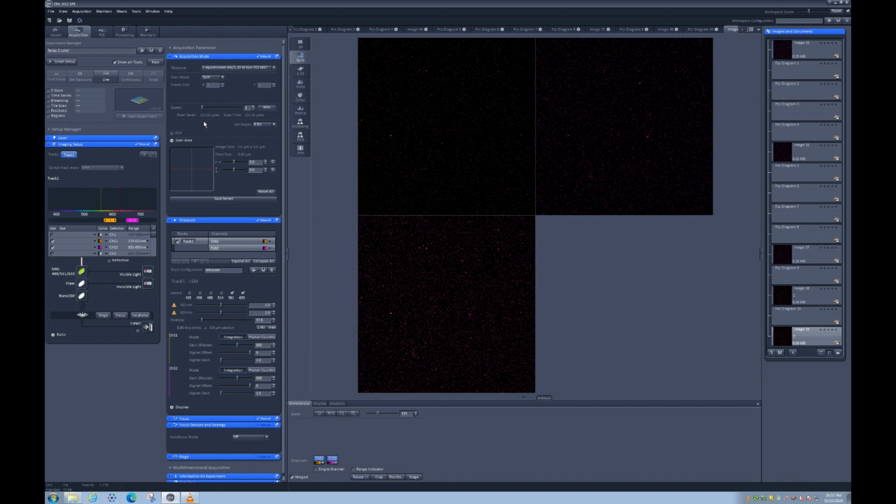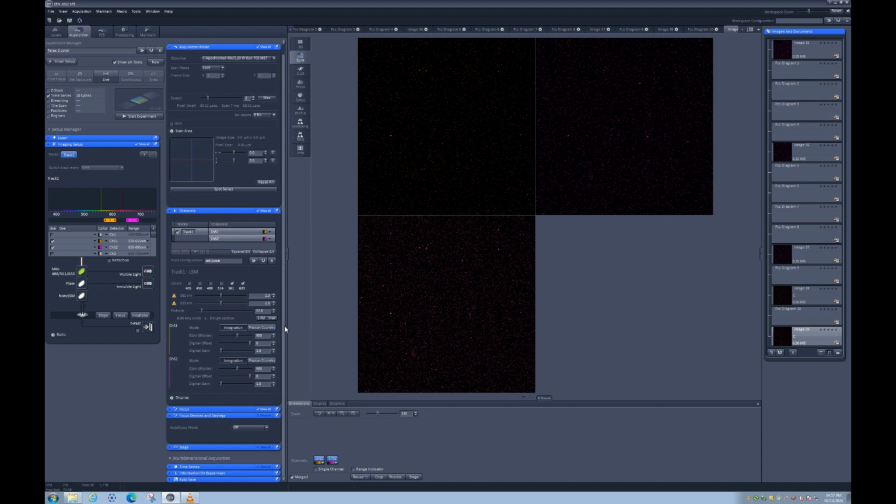So what I would do here, I would put the speed to, well, here it is number 2, but effectively it means that your pixel dwell time will be around 60 microseconds. Now we also need to activate time series over here, exactly the same as you would do in the time series in imaging in the normal scanning imaging, but here it is just the spot scan.